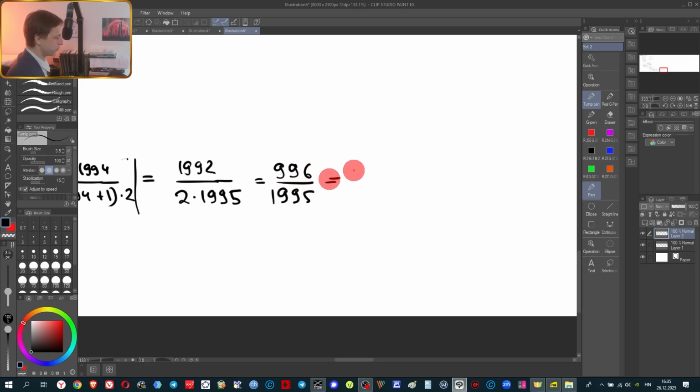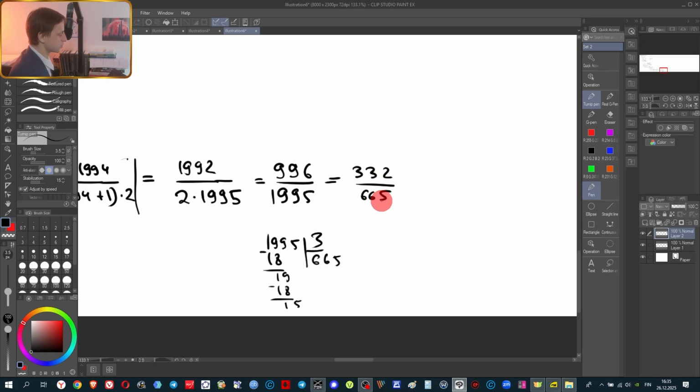If we divide it by 3, we'll get 332 on the top. And if we divide this one by 3, I will need to do it manually. So it will be 665.